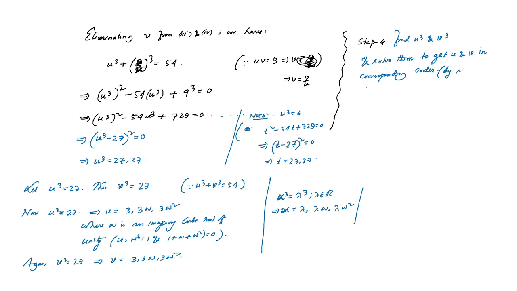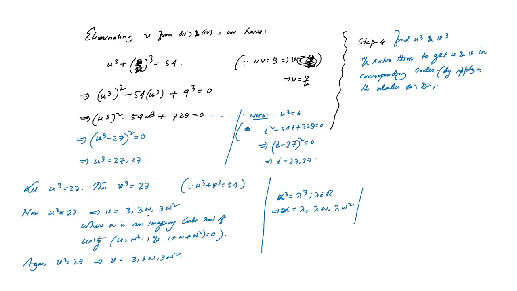Here by applying the relations 3 and 4, so now you know uv equals to 9. So what exactly does that mean? You have three values of u: 3, 3 omega, 3 omega square. We also have 3, 3 omega, 3 omega square for v. But we need the corresponding values of u and v.